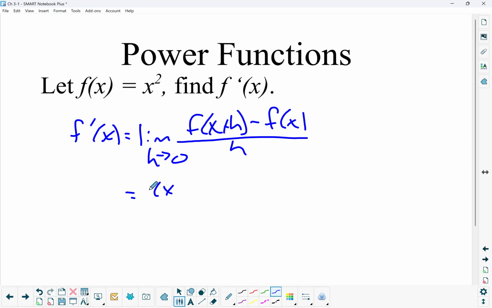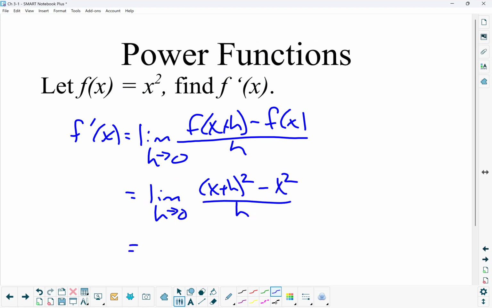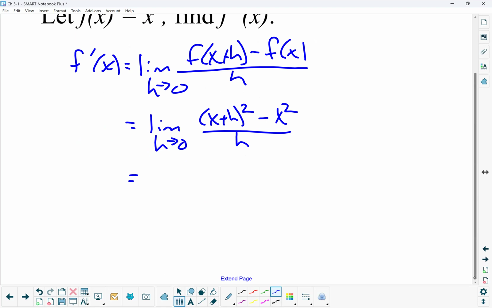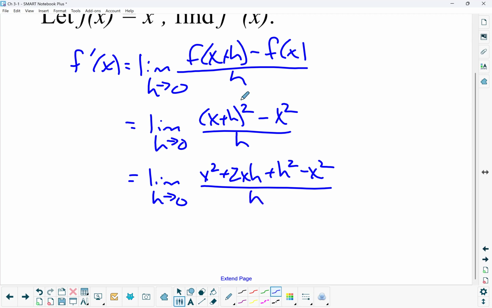So we would have the limit as h approaches 0 of x plus h squared minus x squared all over h. x plus h squared is x squared plus 2xh plus h squared, minus x squared, all over h, just multiplying out that binomial squared.